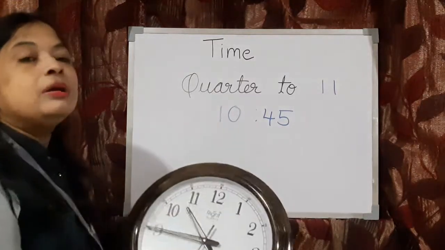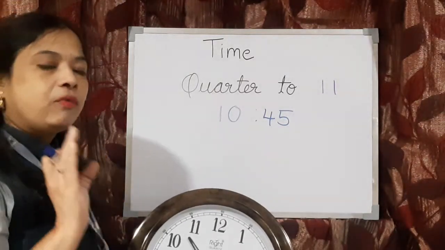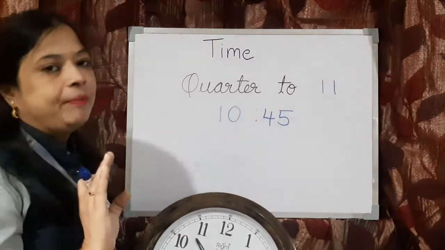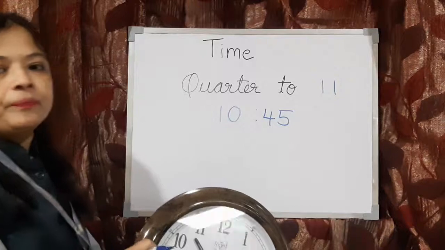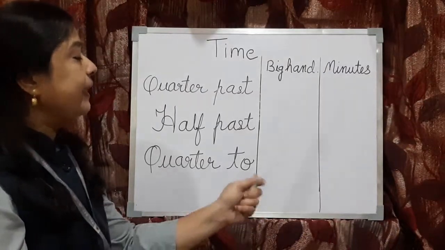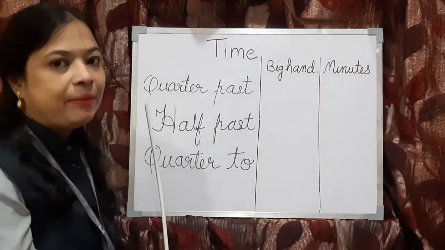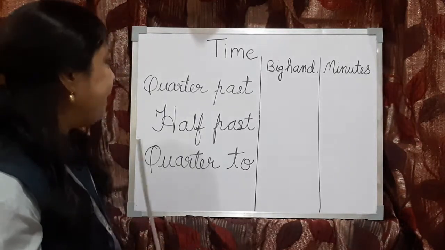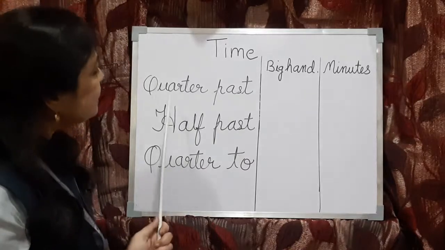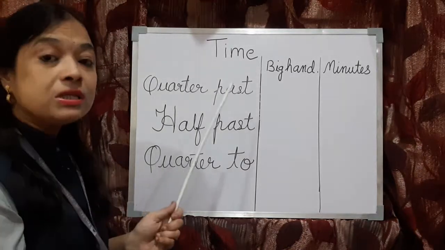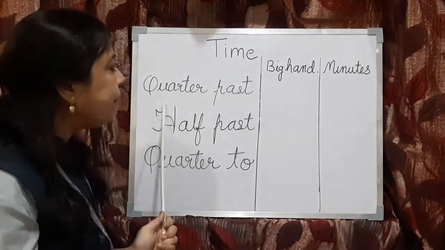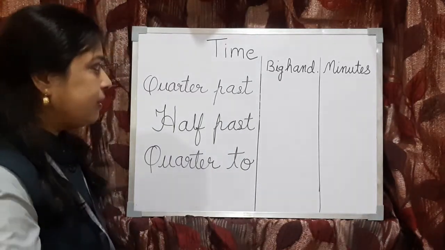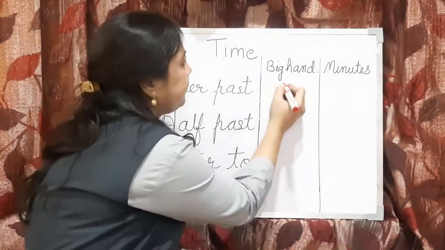I will show you how you have to remember the time on quarter past, half past and quarter to. Come on. See children, as you can see, this table you have to remember very nicely. If you remember this, it will be very easy for you to remember the timings. Okay, now what is written first? Quarter past. In quarter past, you have to remember the big hand comes to which number? 3 number, right?